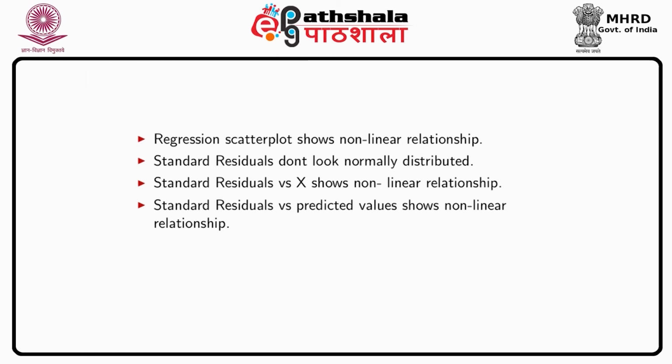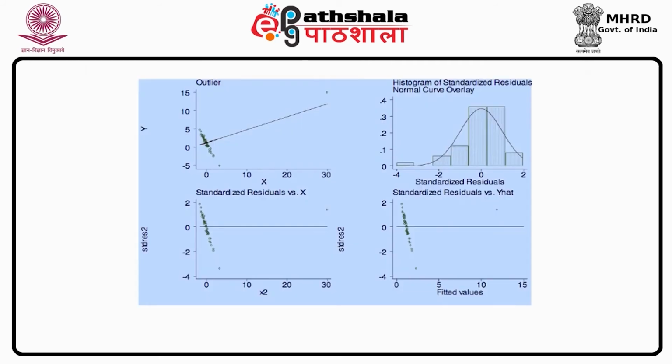Now in case there is an outlier in the data, that can also be checked through these plots which we have talked about already. If you look at the next slide, the first plot, we have seen this previously on one of the slides. It shows a data set where there is an outlier which is farther away from the rest of the observations.